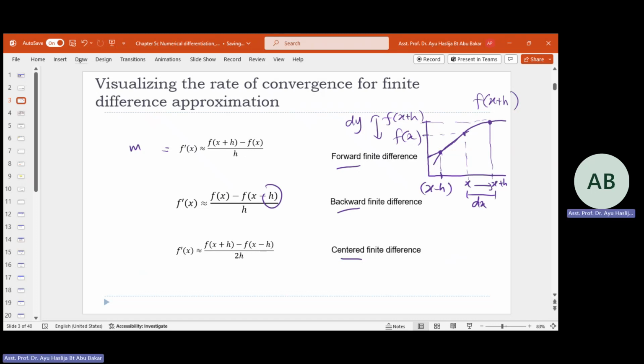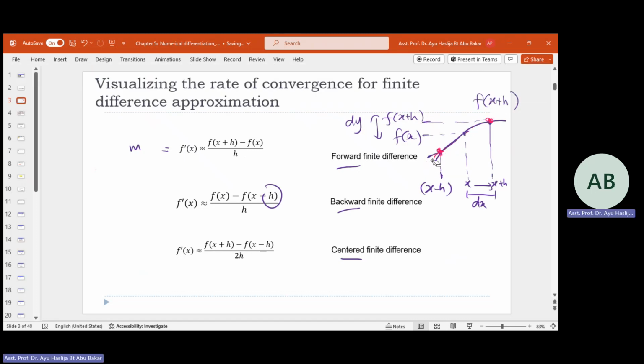Different with centered. Centered involves two points, which is the backward point and also the forward point, the pink one. Both of these. So you will find the derivative using these 2 points.